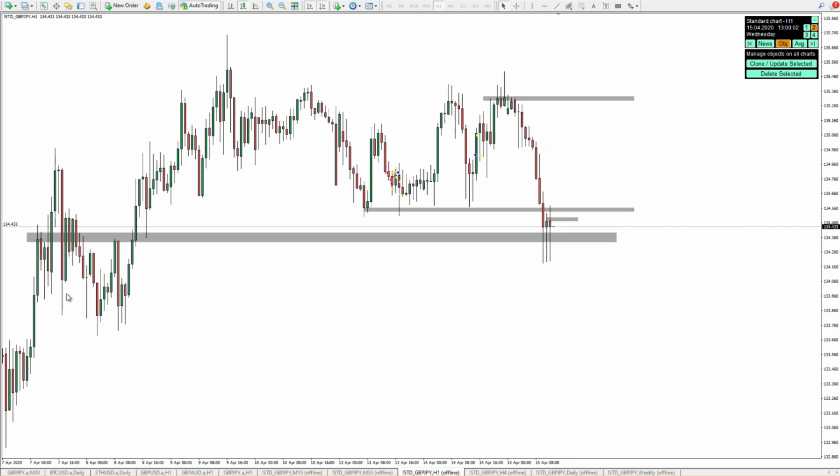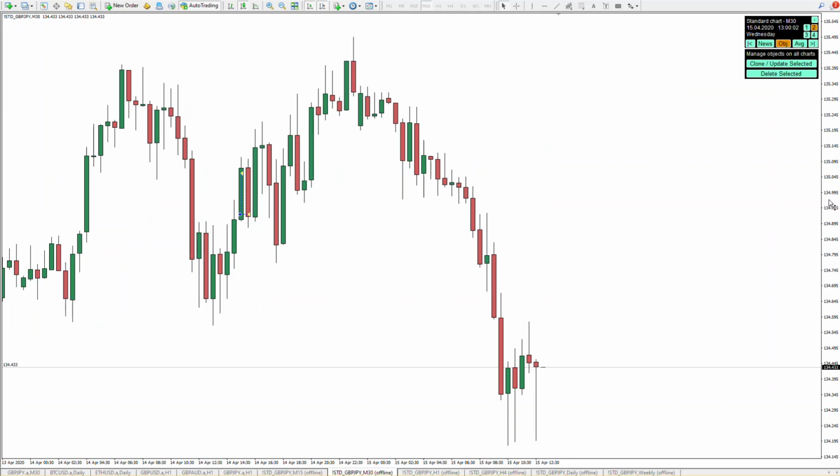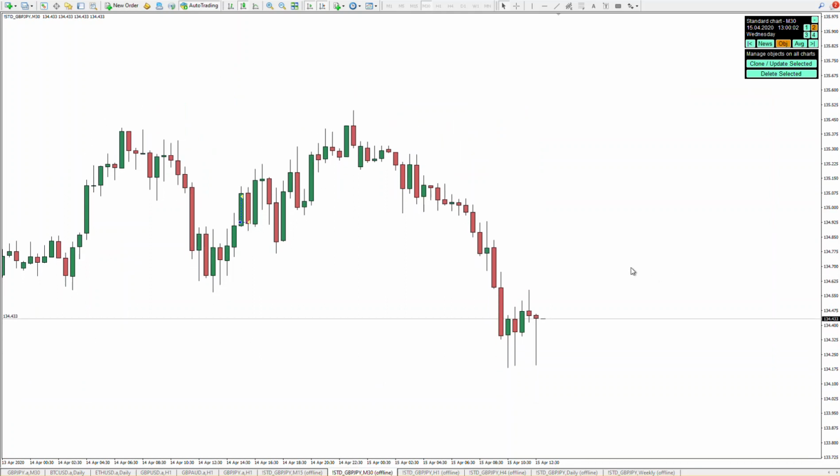Resistance, support by that wick, and now 3 times support. Bit too dangerous to do anything here, isn't it? Support formed there, resistance formed there. We can't do anything right now.